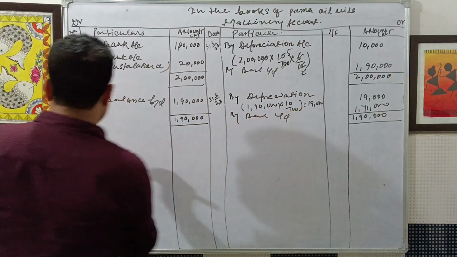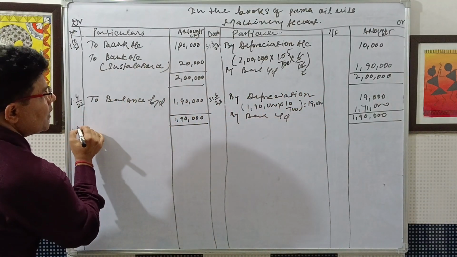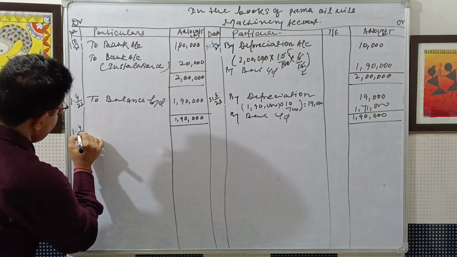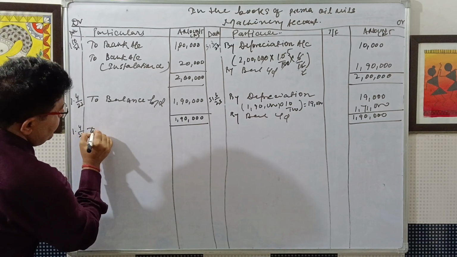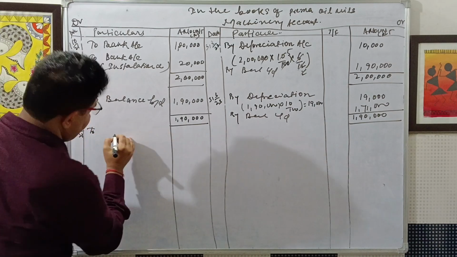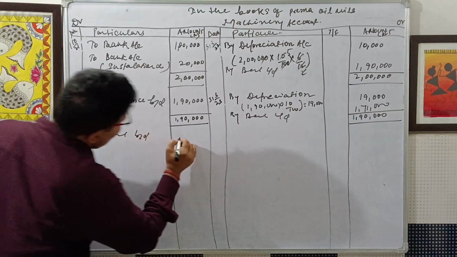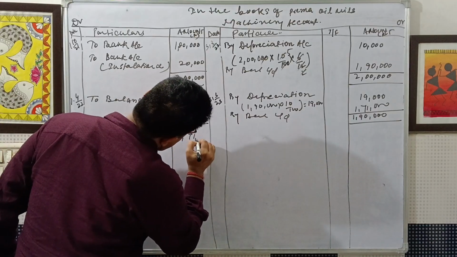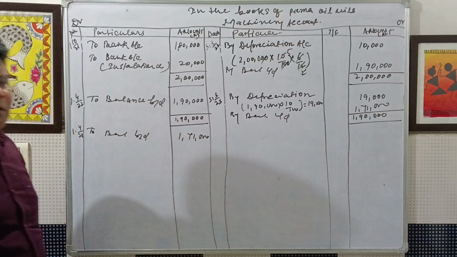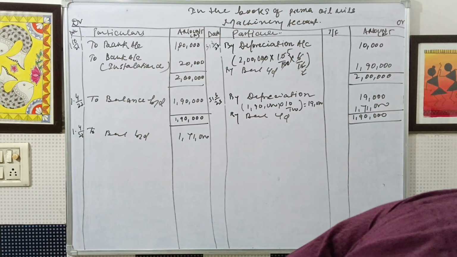So on 1st April 23, to balance b/d, 1,71,000.